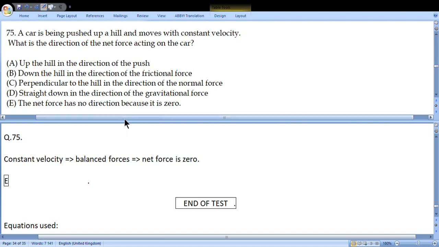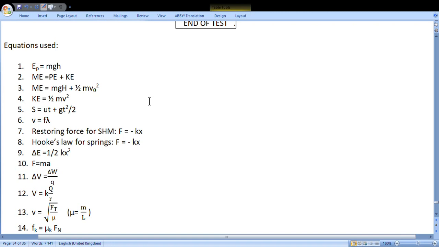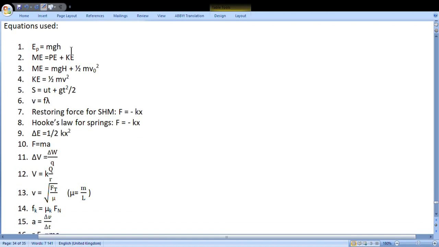We can look at the equations that we used. We used about 40 equations. Potential energy, mechanical energy, total mechanical energy, kinetic energy, constant motion under gravity, wave equation, restoring force, Hooke's law, elastic potential energy, second Newton's law, potential difference formula, potential of a point charge, speed of a wave in a string.